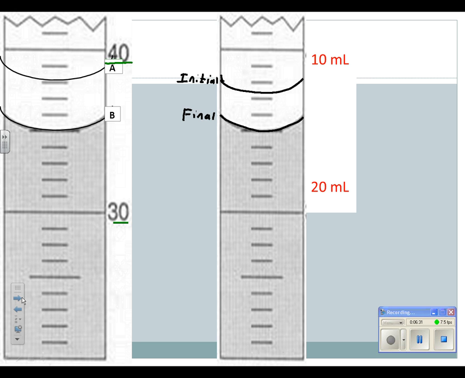So it goes 30, 31, 32, 33, 34, 35, 36, 37, 38. So at least know A is 38. And it's a little bit above the 38, so we've got to get that last estimation in there. So I'm going to call it 38.2. B looks like it's right on that line. So we're going to say it's at least 35.0.